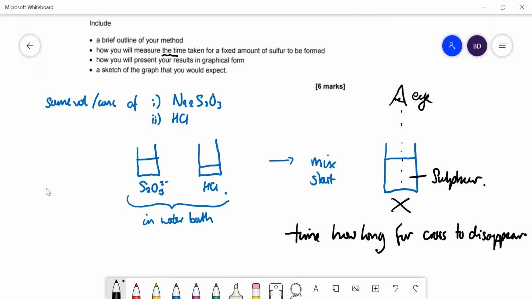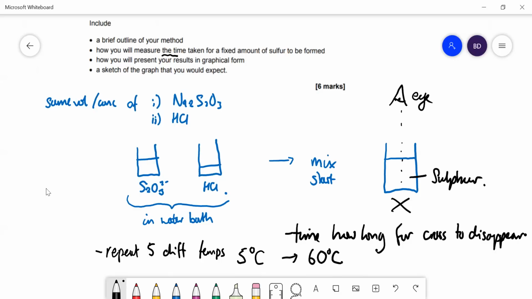Now you're going to repeat that probably for 5 different temperatures, ranging from about 5 degrees C, which you can do with ice in an ice bath, up to probably about 60 degrees C. So 5 temperatures in the range there.